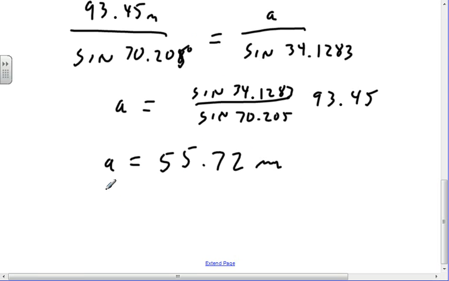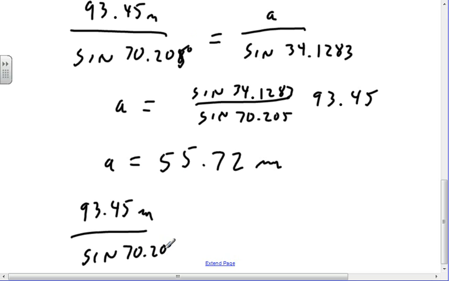Now I'm going to look for little c. 93.45 meters, sine 70.205. I've got little c. So I'm looking for little b.